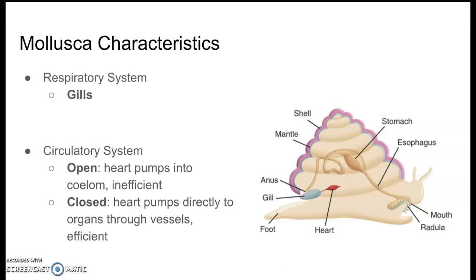Why is it important that they have these systems? As you can see, this organism is a lot more complex, with a lot more complex characteristics than we've had in the past. So in order to sustain life, it has to have more systems. Remember, organs make organ systems.